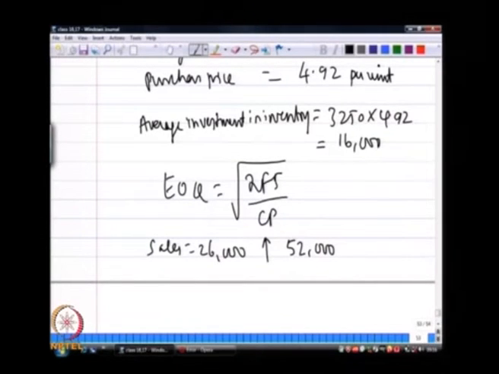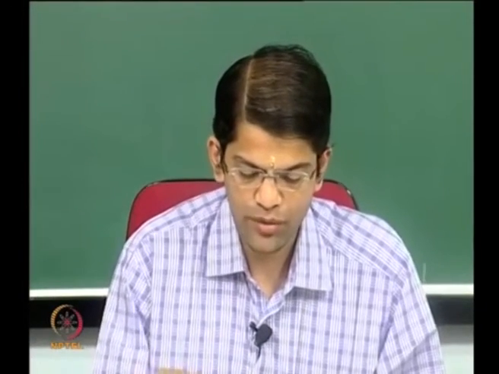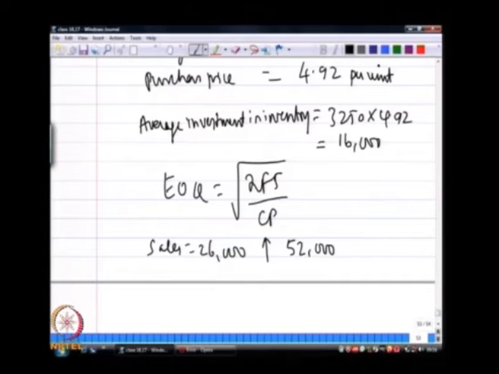Now, the sales increased by 100%, and since this is a square root relationship, you will understand that the economic order quantity will not increase by the same 100%, but definitely will increase, though less than proportionately.